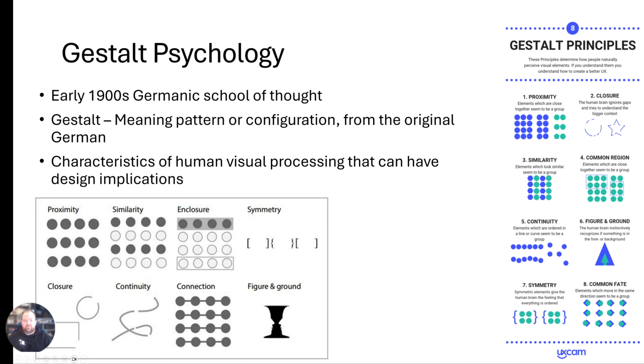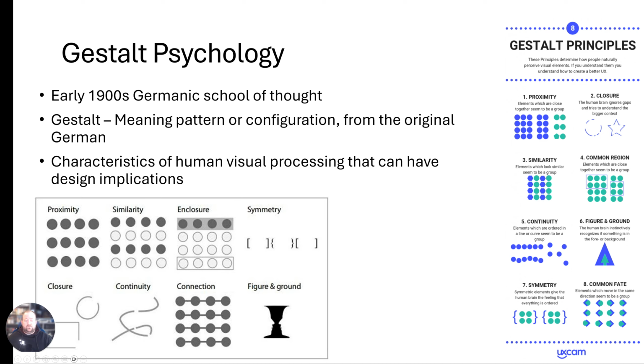Closure, we ignore gaps. Similarity, again, things that are similar probably are in a group. We can use borders in digital design to communicate a group, like the common region here. Continuity, so things that are on the same curve or on the same vector are considered to be in a group.